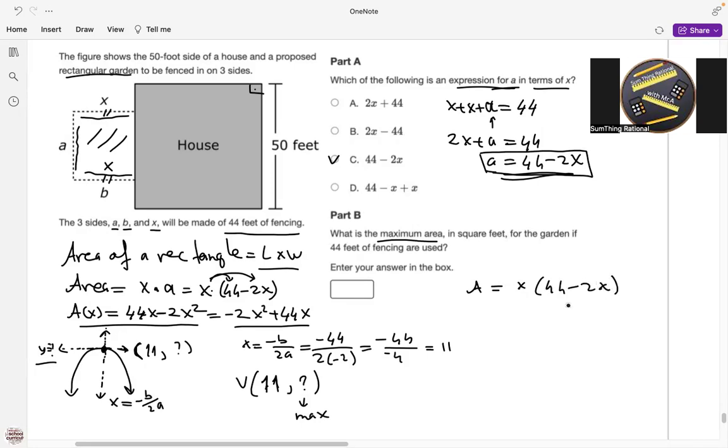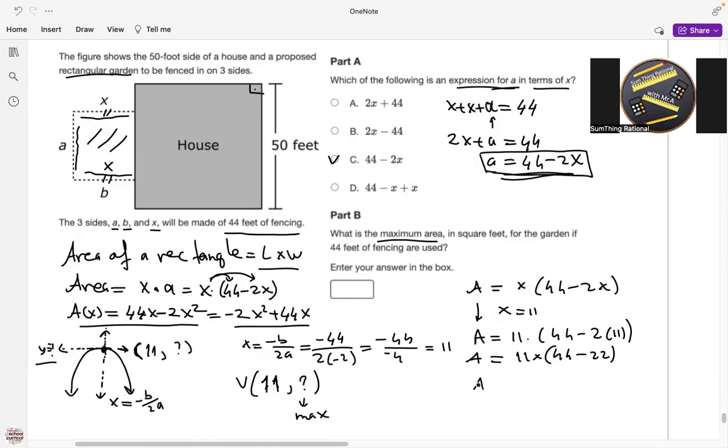I will just plug in x equal to 11 here. I don't want to write negative 2x squared plus 44x because calculating that would be a little more difficult, or you can use your calculator. 11 times 44 minus 2 times 11. 44 minus 2 times 11 is 22, and 11 is outside as a multiplier.